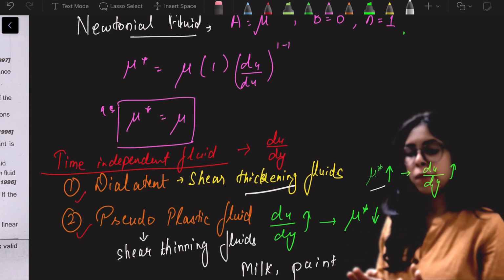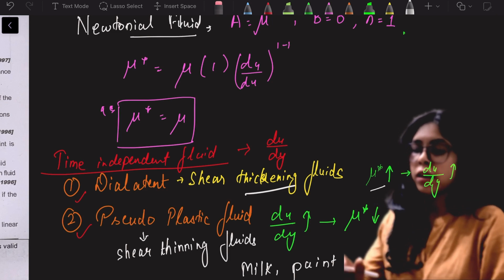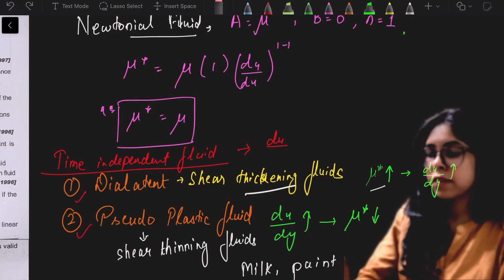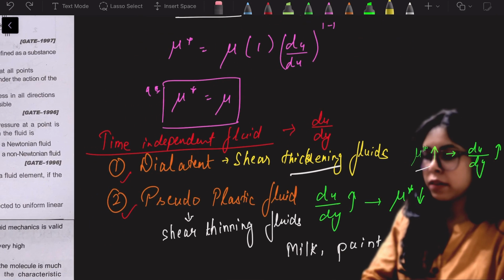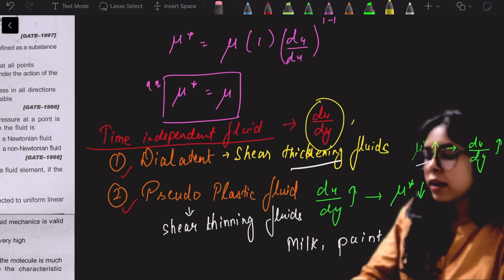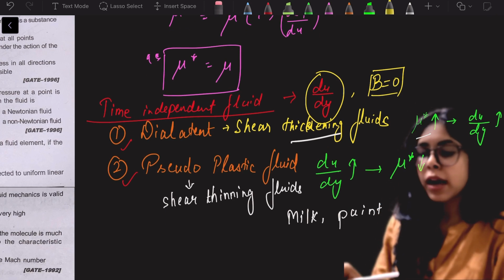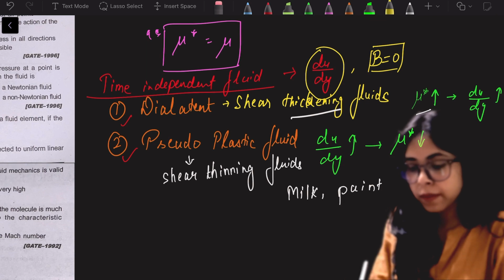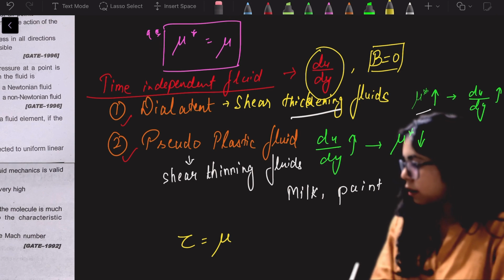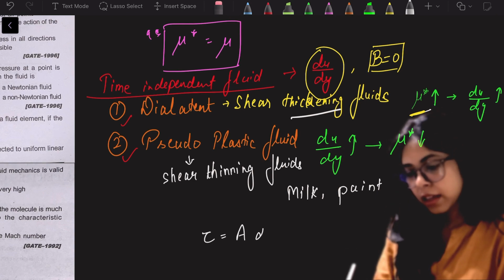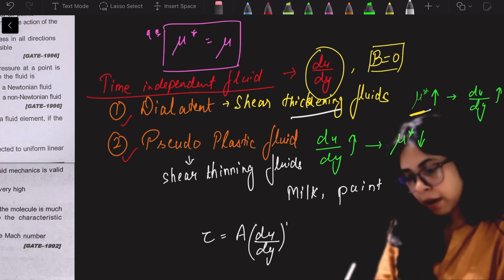Now this is about time independent fluid. One more thing you must remember: for all the time independent fluids, b is equal to 0 in this condition, and we have one equation for them: tau is equal to a (du/dy) to the power n.